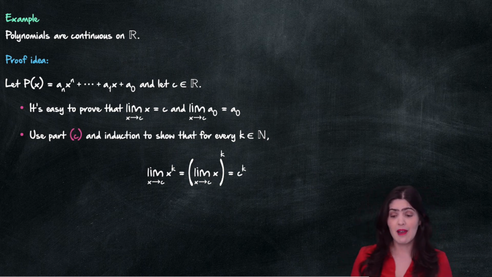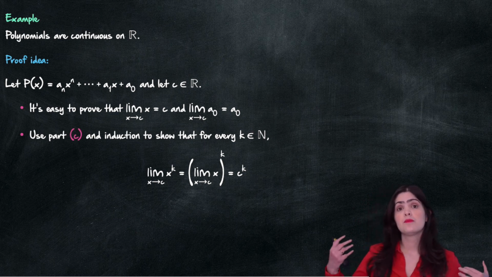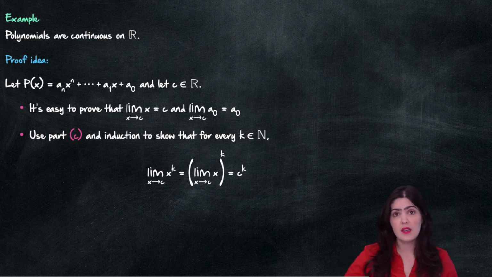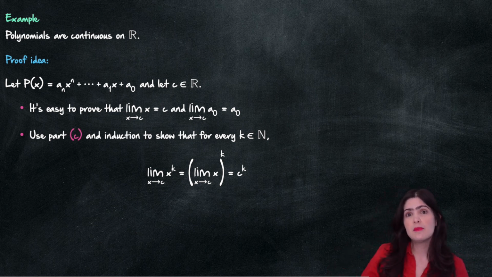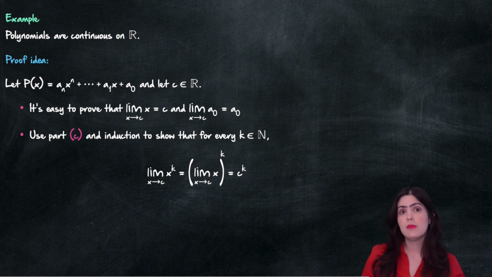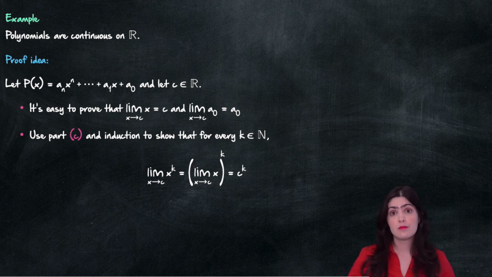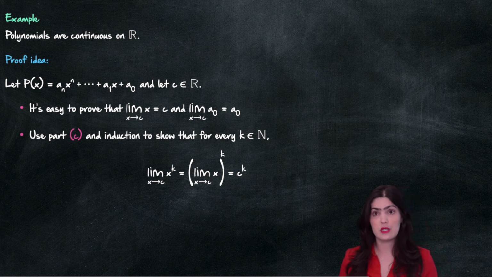Once we have this, we just combine: constants times x to the k, multiples of continuous functions, sums of continuous functions. So the previous theorem tells us that indeed any polynomial will be a continuous function.